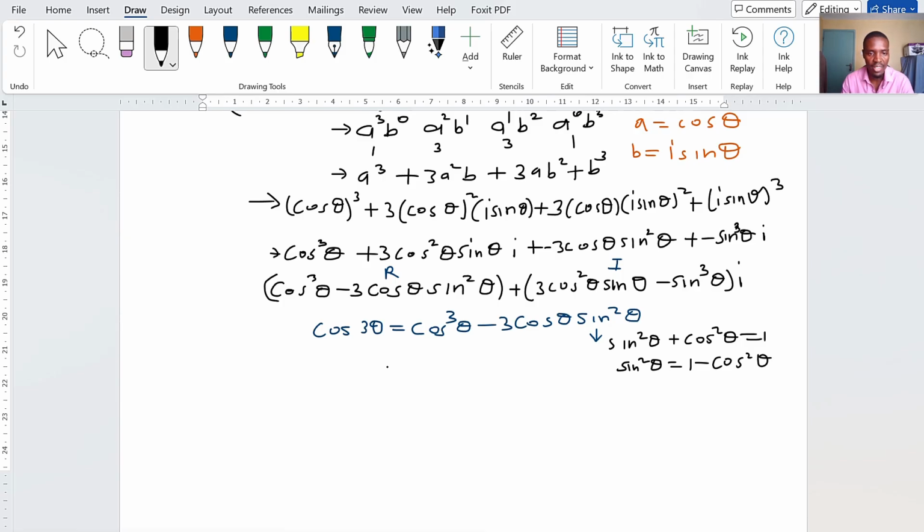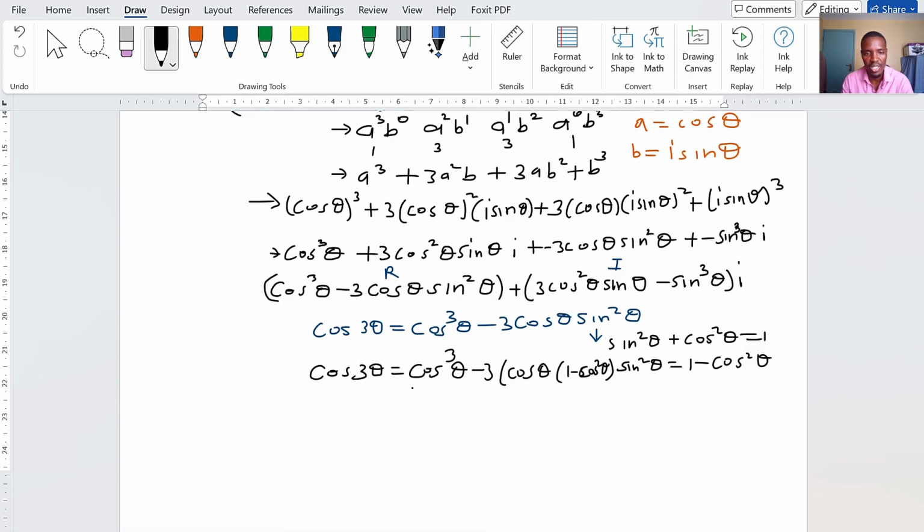So we are going to have cos 3 theta equal to cos cubed theta minus 3 times cos theta, then again sine squared theta, which is 1 minus cos squared theta.